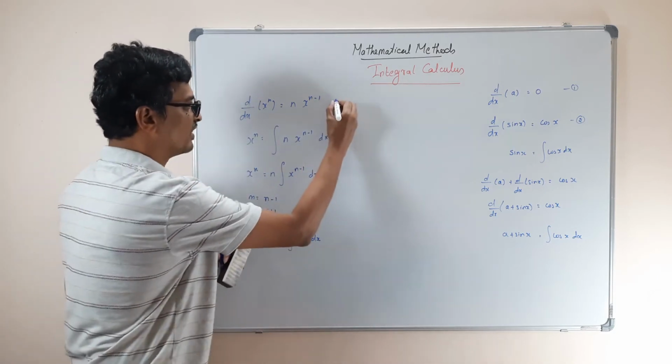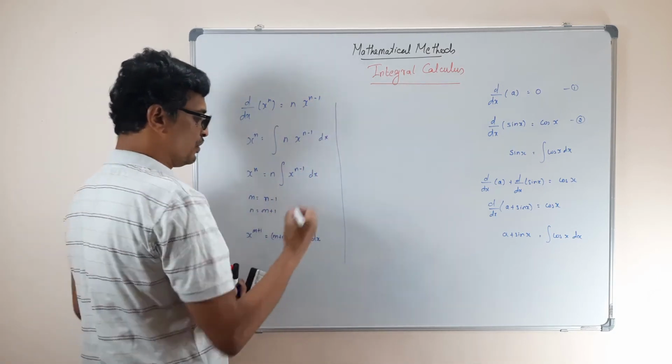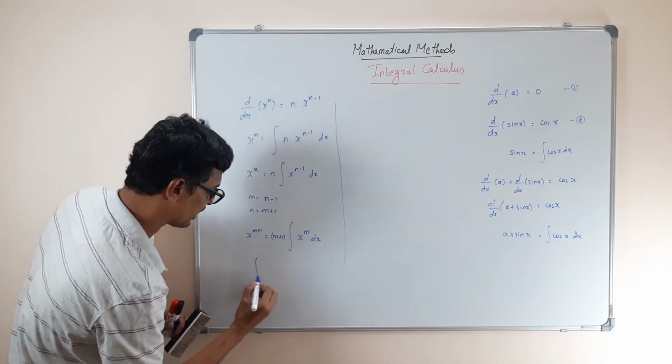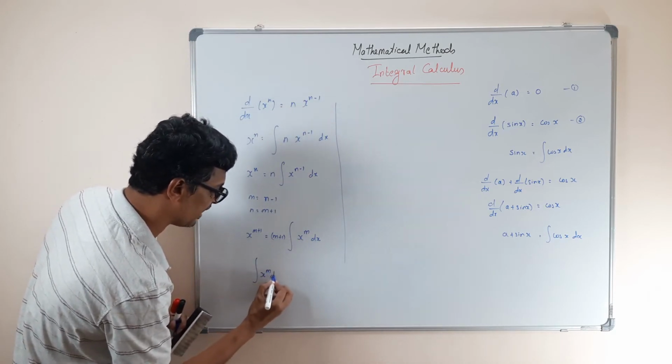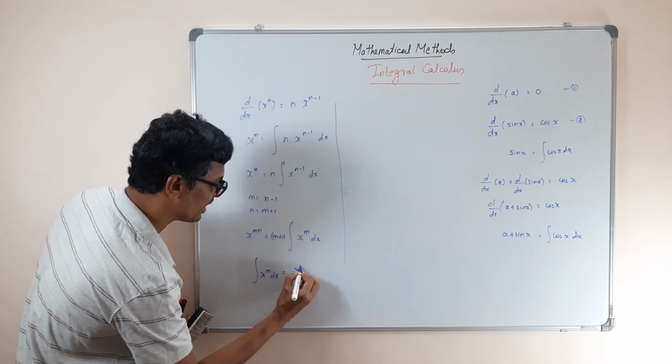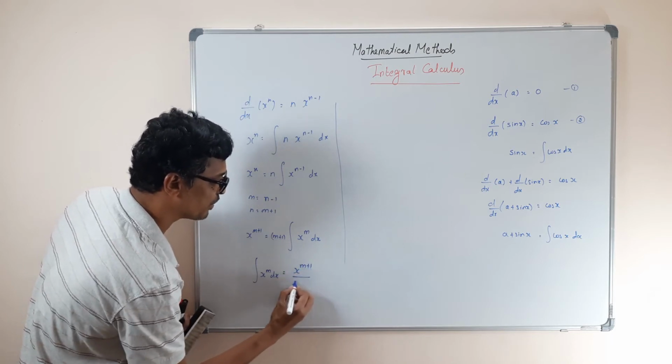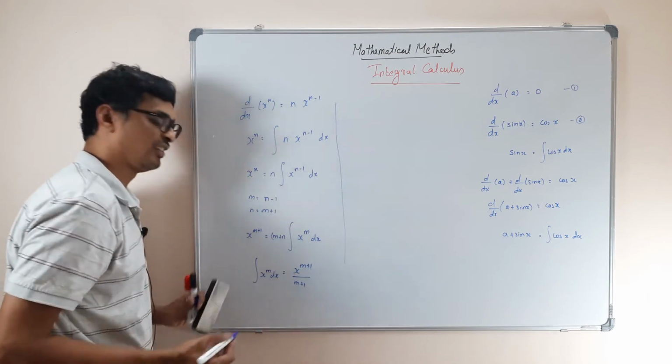So what it says is, from here, the integration of x^m dx will be equal to x^(m+1) divided by m plus 1. You got the formula.